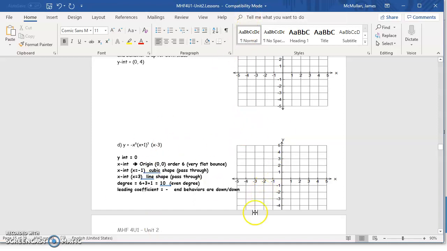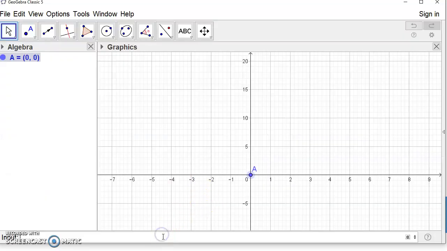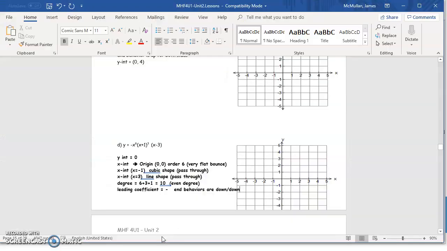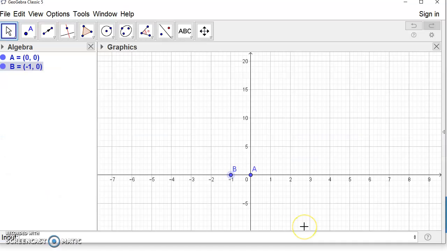Okay, so let's take this information I've just gathered and try to map it onto our drawing. At x equals 0, we have an x-intercept that's order 6. At x equals negative 1, we have an intercept that's a cubic, order 3. So negative 1, 0. And then at 3, 0, we have a line intercept.